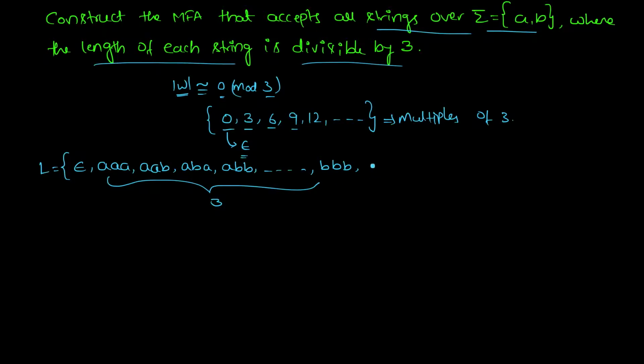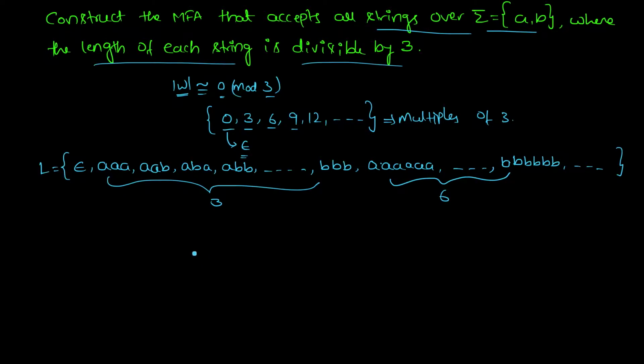Similarly, we will have strings of length 6 also, like AAAAAA, and so on till BBBBBB. All these are of length 6. We will have strings of length 9, length 12, and so on, right?